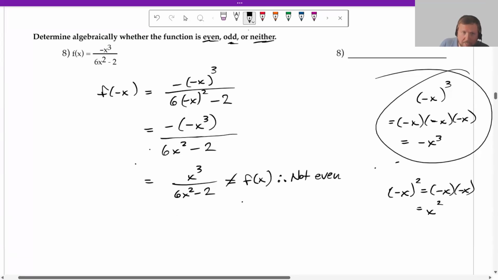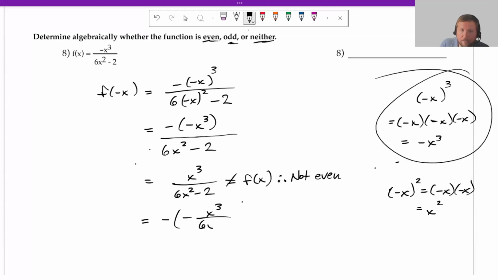So the next thing to check is to see if it's odd. To check if it's odd, I factor out a negative sign, or I rewrite it as negative parentheses negative itself, which is the same thing as just factoring out a negative sign if there isn't a negative sign there already. And now that negative sign out front, that's fine.